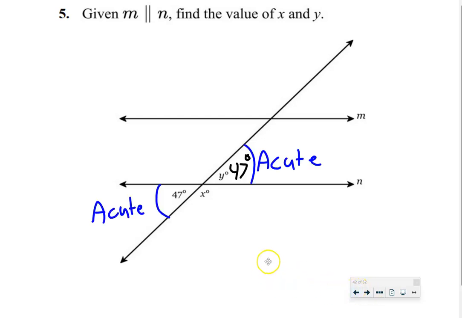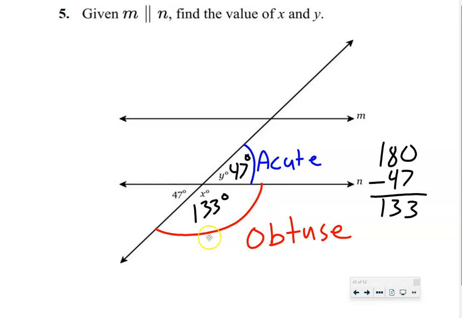Okay, so we've got two acutes here, so that's going to be 47, right? They equal. But for the x, you got an obtuse. So we're going to take that 47 and subtract it from 180 to get 133.